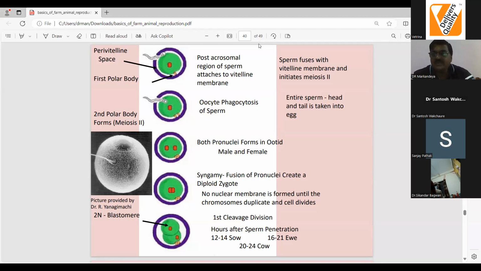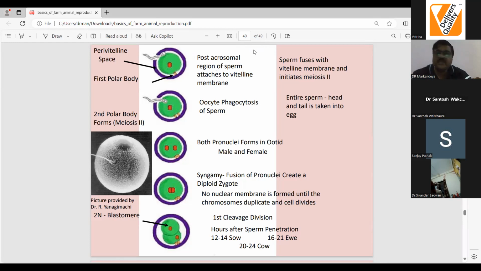And number two, please check whether the animal expresses the subsequent estrus after how many days, or whether it stops cyclicity after 21 days. These are the two important instructions which must be passed to the animal owner.